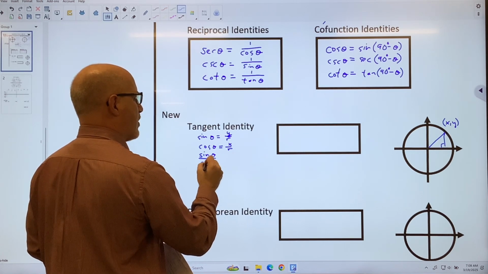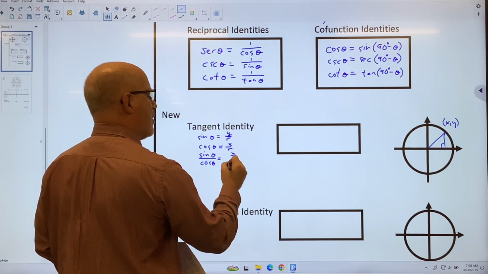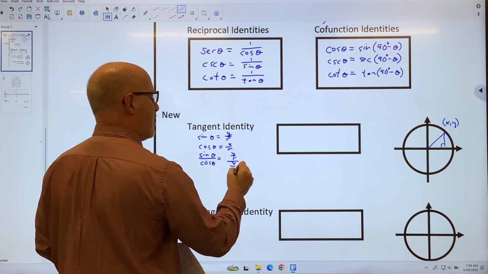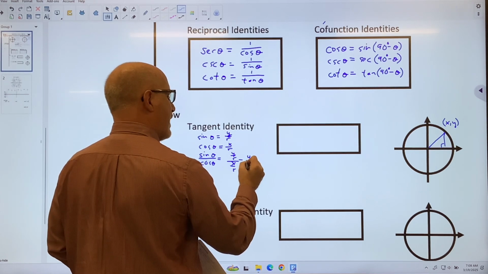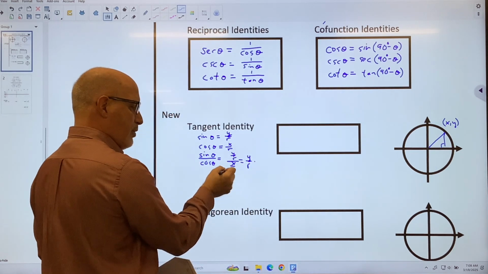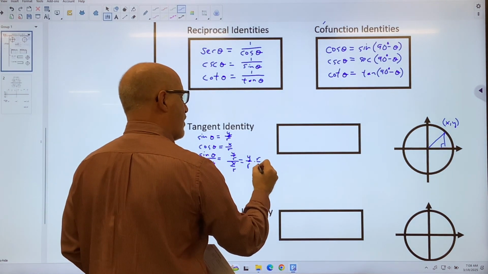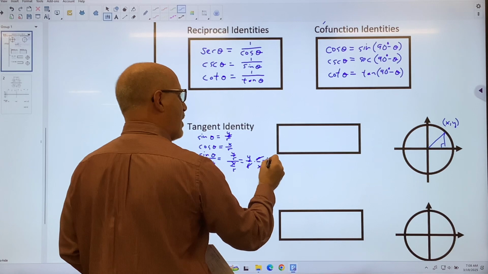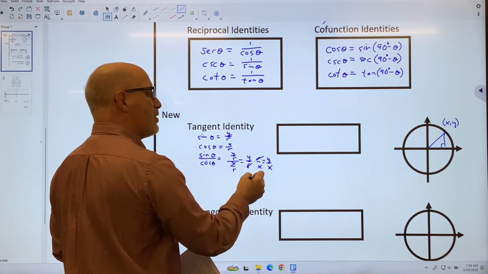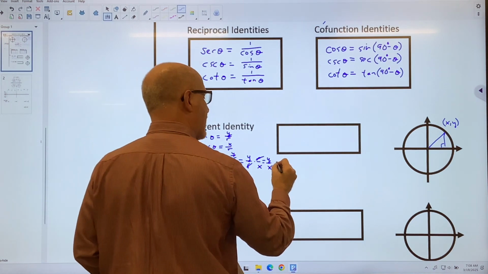Sine of theta over cosine of theta equals y over r over x over r. And if you use the algebra on that, y over r times the reciprocal of the denominator fraction, r over x. These r's cancel and you end up with y over x. Well, what is y over x? Y over x is the tangent of theta.